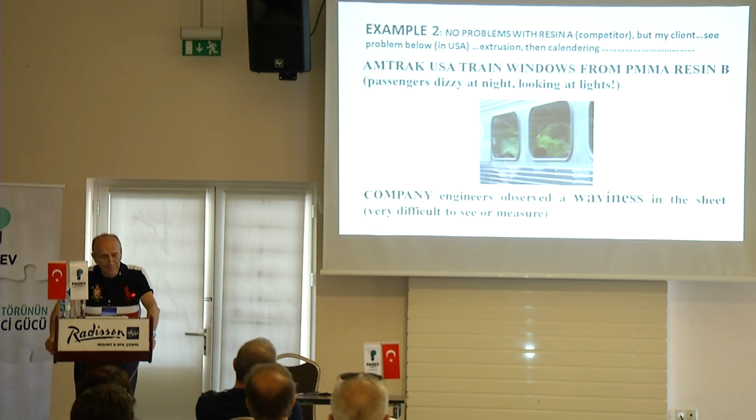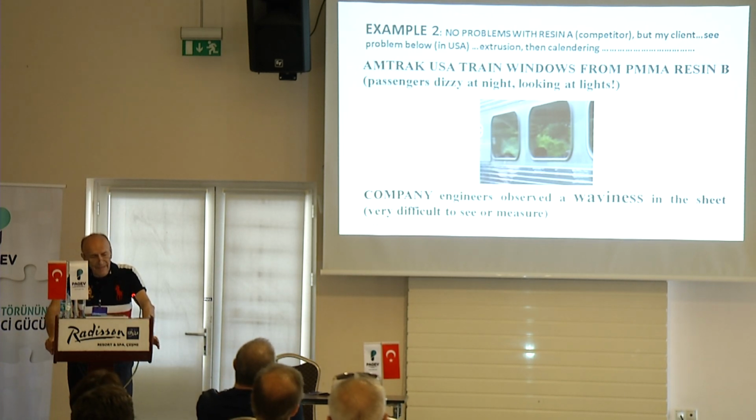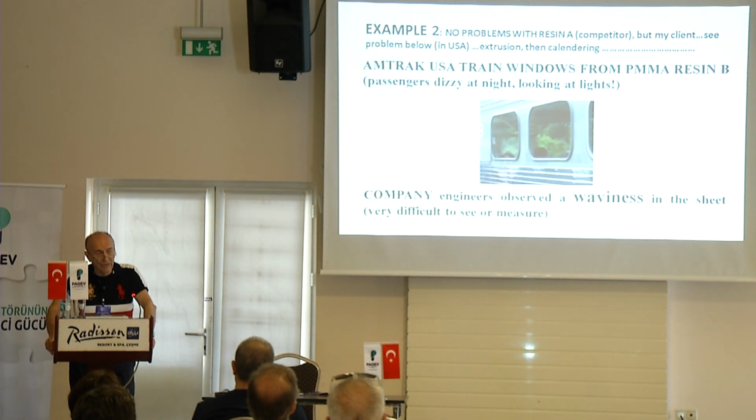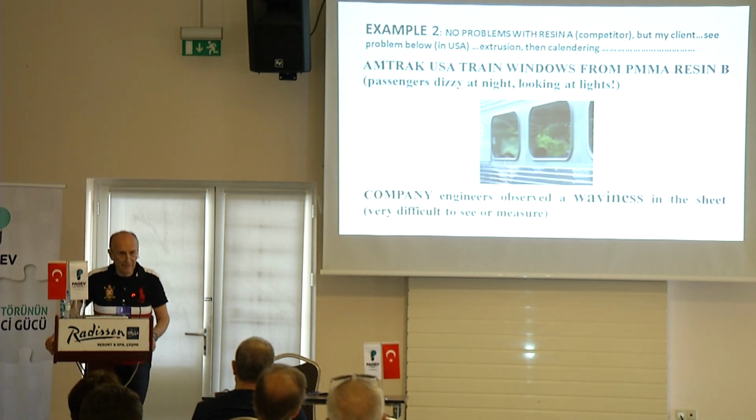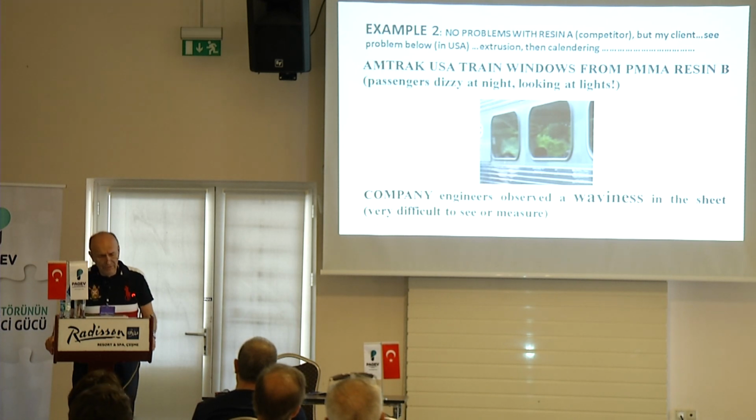This is the second problem. That's from a long time ago. It was for the trains, the Amtrak trains in the United States, traveling between New York and Boston, and also other parts of the United States.